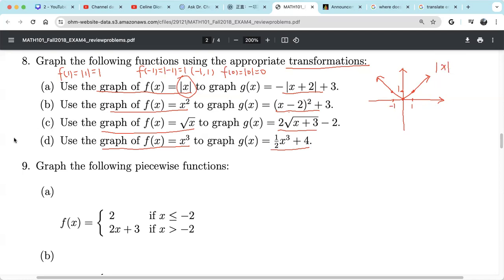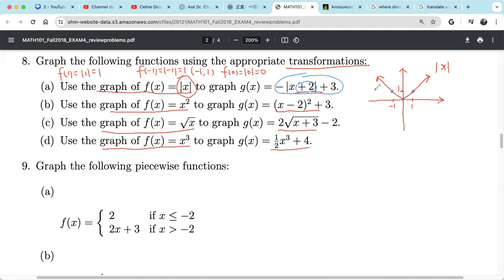Now let's use blue color to graph the transformation. We have 3 types of transformation here. We have horizontal shifting. This is pushing this graph to the left 2 units because it's x plus 2. X plus 2 shifts every point on this graph to the left 2 units. We want to work with these 3 points, -1, comma 1, 0, comma 0, 1, comma 1.